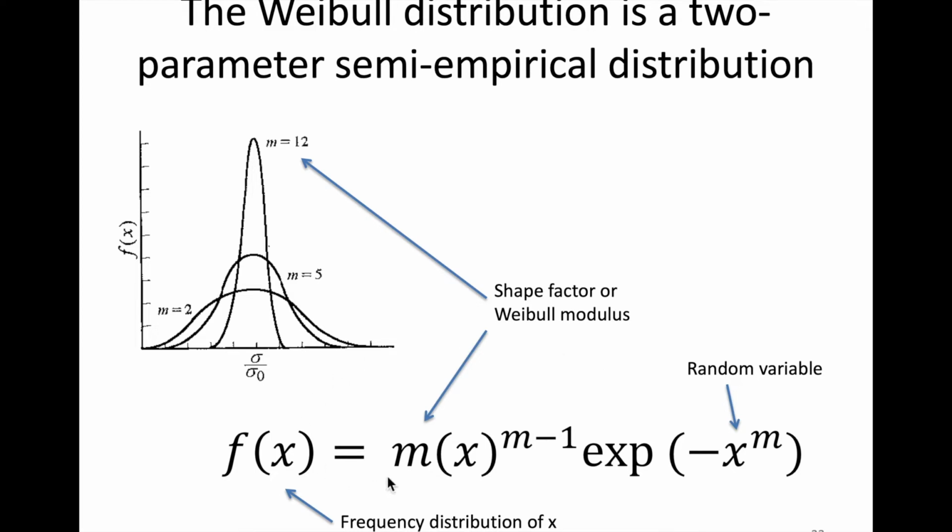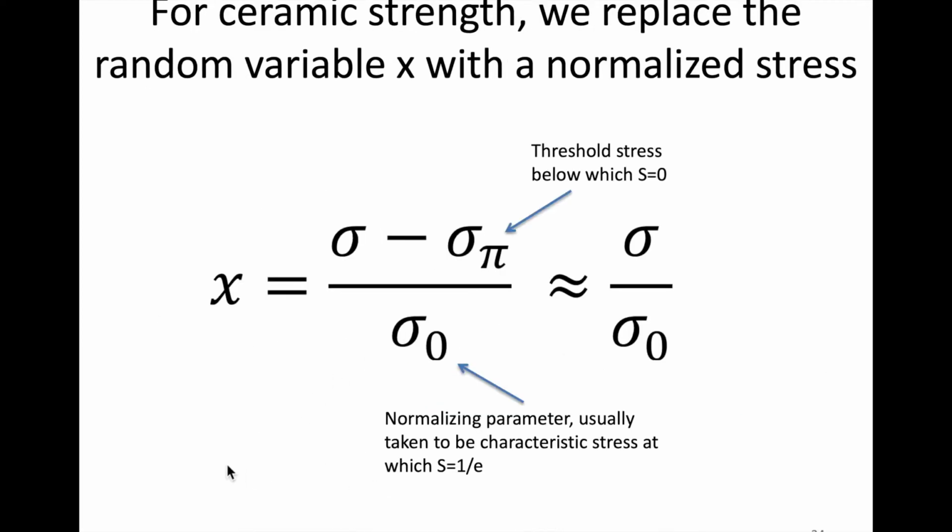So this is the generic frequency distribution. When we apply it to ceramic strengths, we replace that random variable x with a normalized stress, because we need it to be unitless. So we normalize it by a normalizing factor. This is the general equation for it, where sigma is ceramic strength.